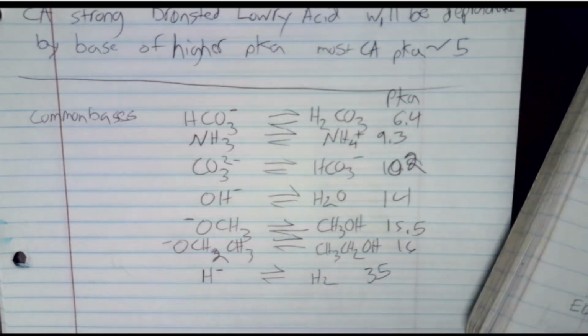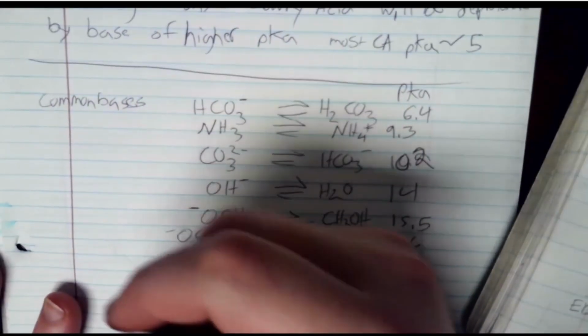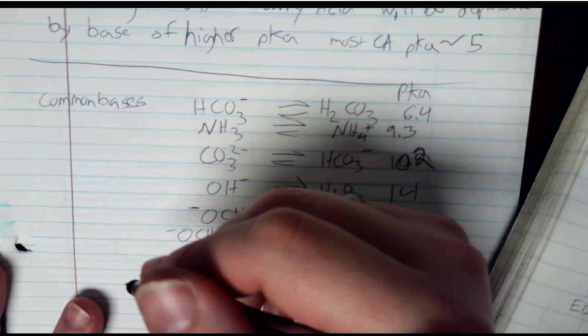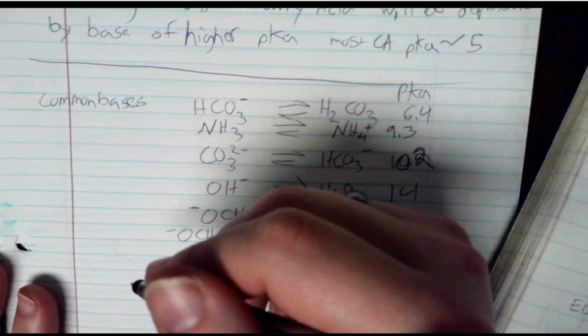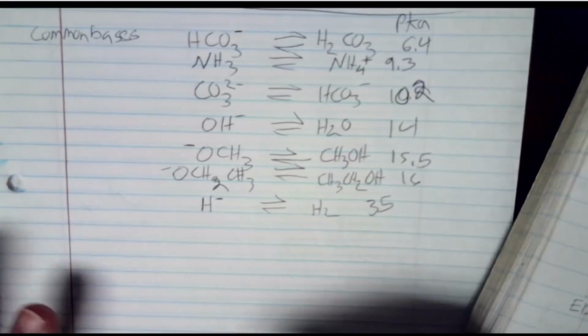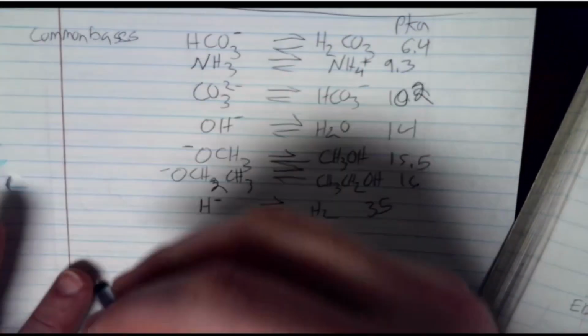Now, why does this guy have such a low pKa compared to everything else? It's because the deprotonation leads to a resonance stabilized conjugate base. This is why it's so much more acidic than any alcohol. Because remember, anything that stabilizes the anion makes something more acidic.